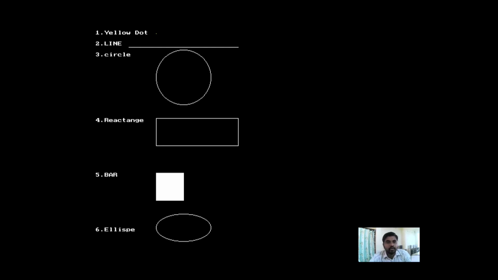Second code was written for a line, so the line is drawn here. Third code is for circle. Fourth is for rectangle. Fifth is for bar. And sixth is for ellipse.